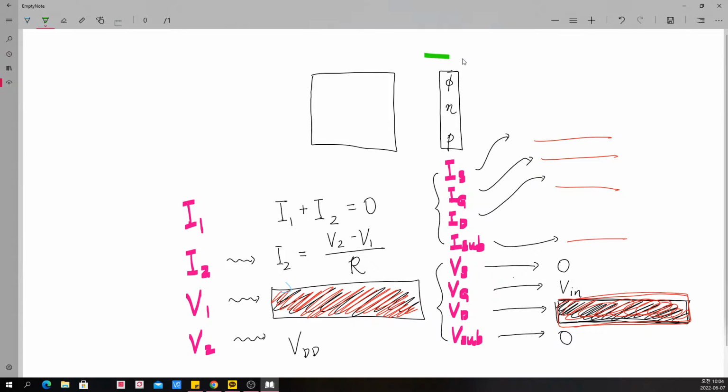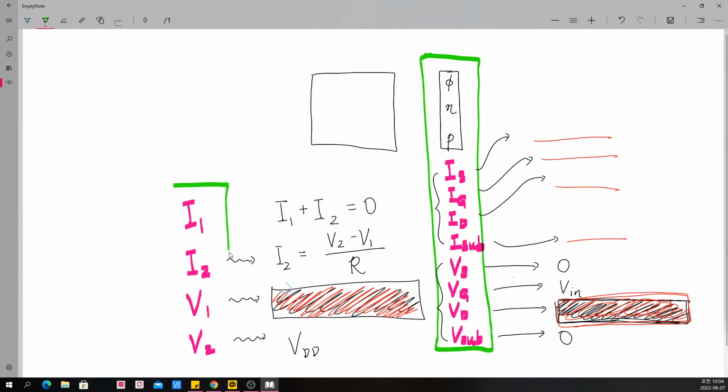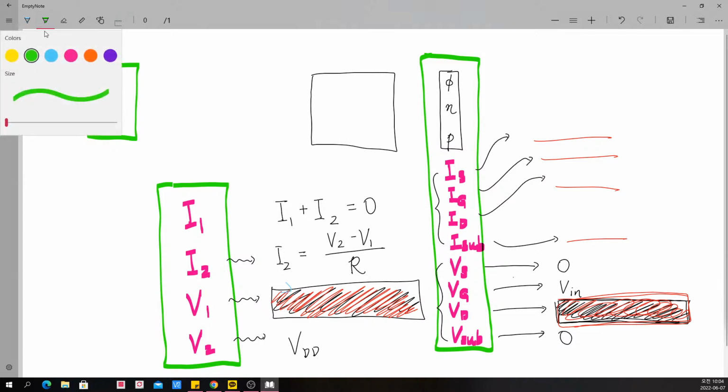Up to now, all of them come from our transistor, and these four come from the resistor, and no unknown variable was assigned for our circuit node. So what I wanted to suggest is to introduce a certain node voltage.